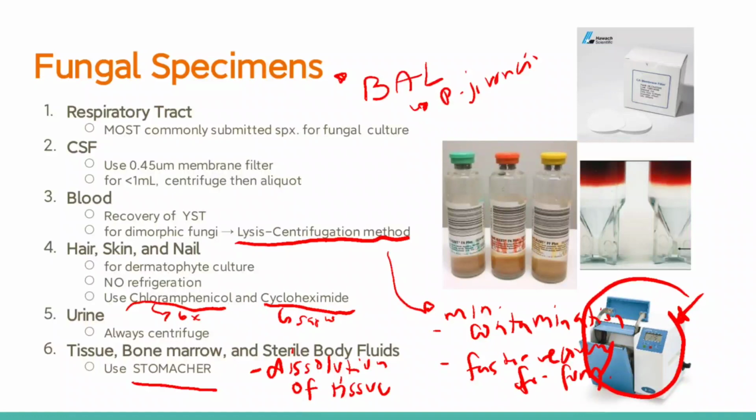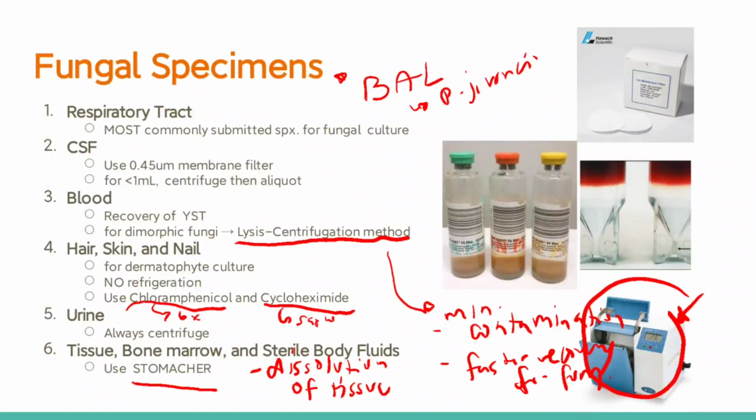So, we need to dissolve the tissue, or what we call dissolution of tissue, before performing fungal culture. The purpose of that is to extract the intact fungi attached to those tissue samples. Okay? So, that's that.